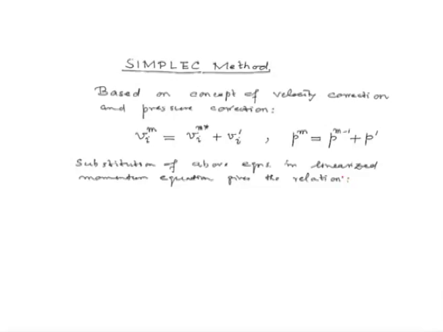It is the same equation which we earlier derived for the SIMPLE method, that is, V_i prime at P is equal to V_i prime tilde at P minus 1 over A_P^{V_i} times delta P prime over delta x_i at P. And let us continue the same numbering of equations for the sake of consistency, which we used earlier.